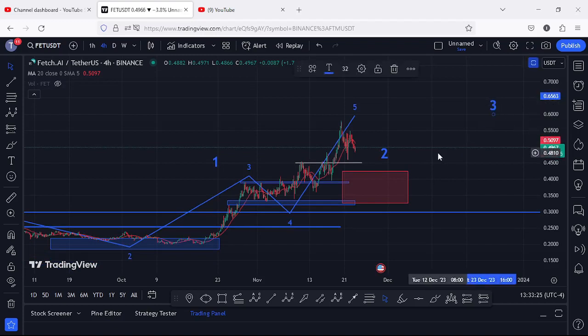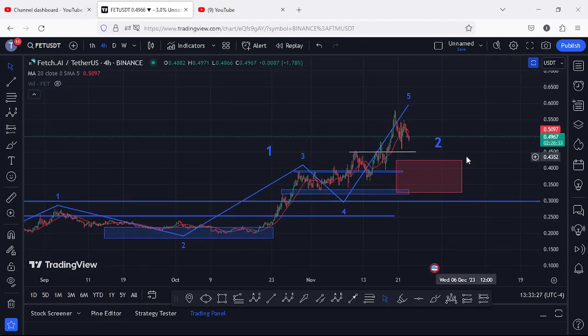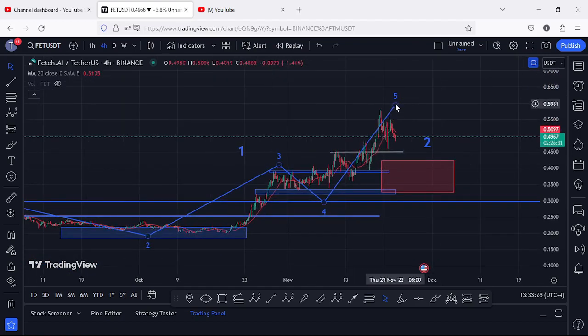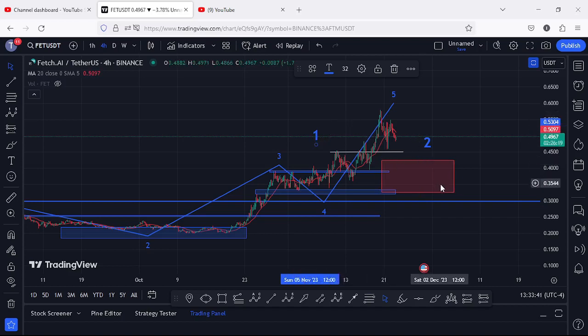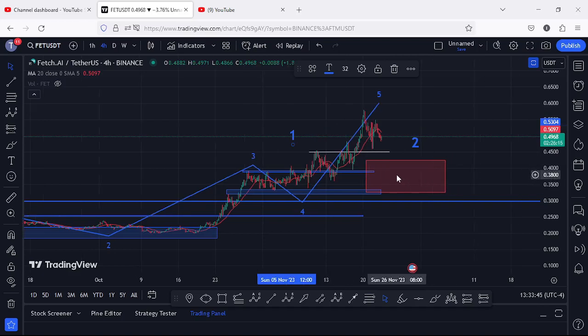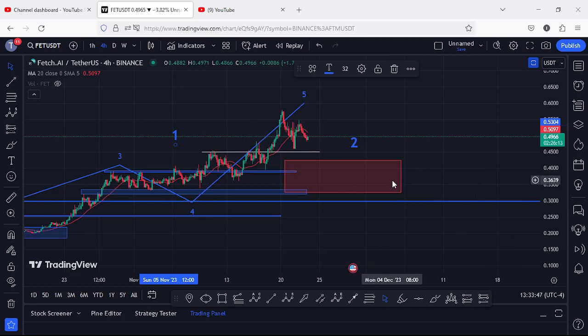Now focusing on the formation of this wave 2, there are chances that we have now topped in the formation of this larger Elliott wave count 1. If by any chance the market continues to show some weakness, we can see a bit of a pullback here on the Fetch AI chart into this red target area that I have highlighted, and that can be confirmed the moment we lose support at around the $0.45 mark.